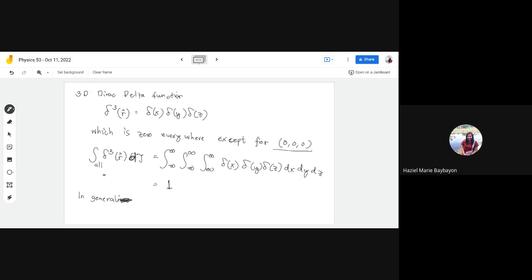So in general, if you integrate an ordinary function f of r multiplied by the three-dimensional Dirac delta function over all volume, this is just equal to the value of the function at r equals a. Okay? So integrating this over all space.